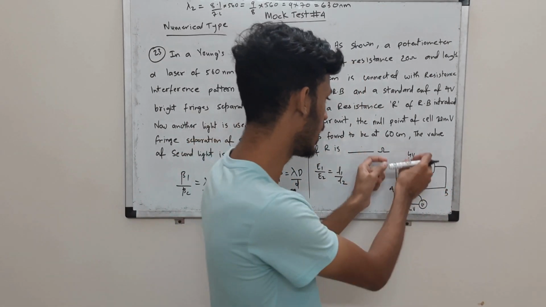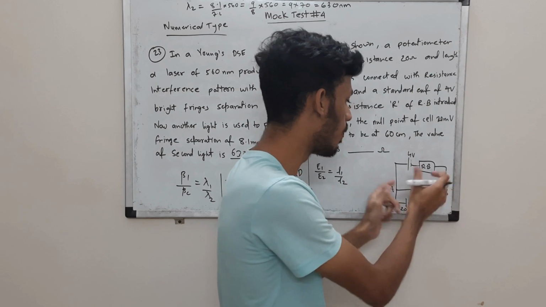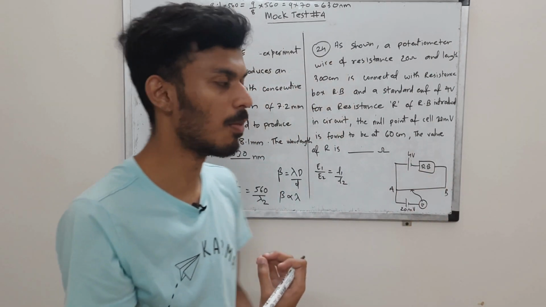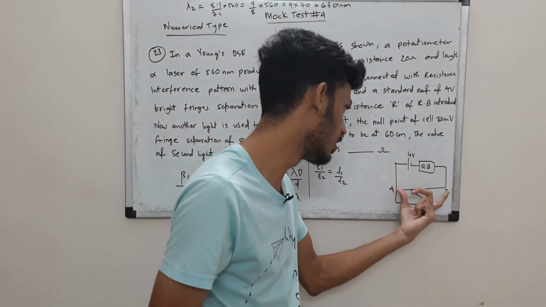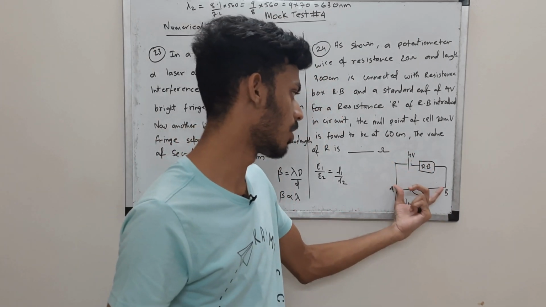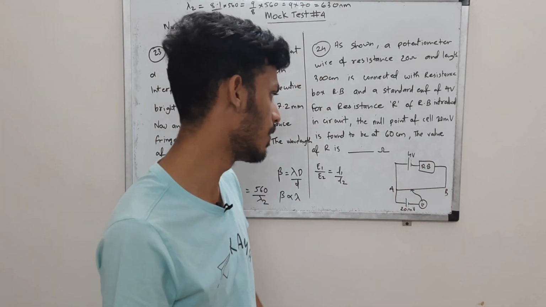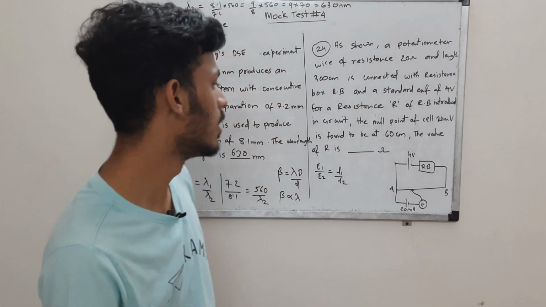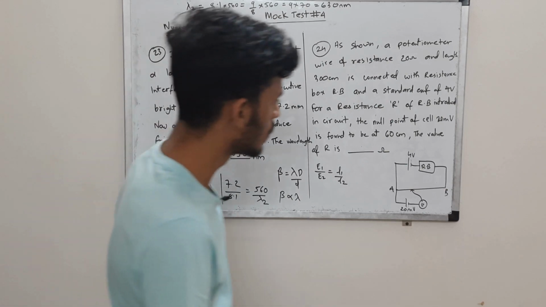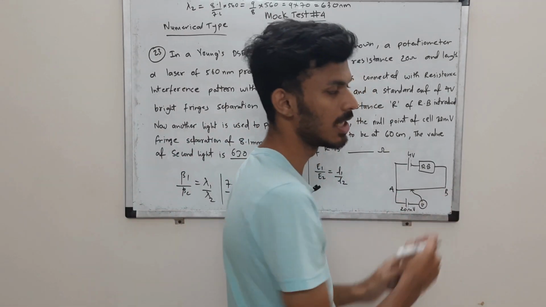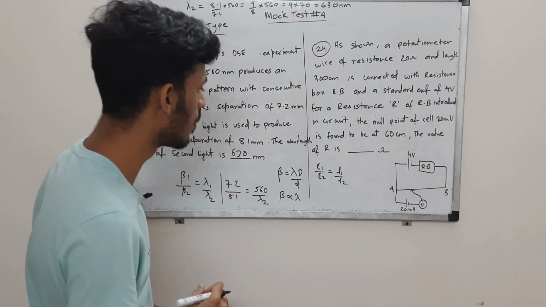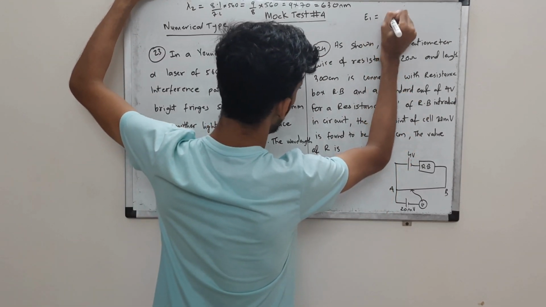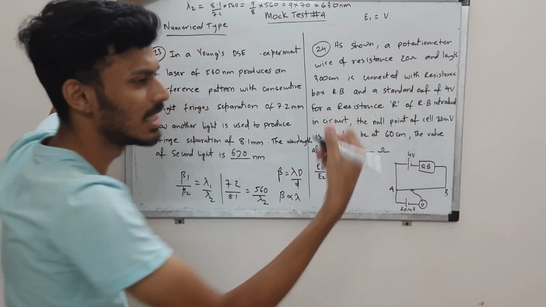The entire potential will not drop across the wire. Some will be lost in the form of heat in the resistance box, and here we'll have some potential drop across AB. So it is a split between them, not 50-50, but some kind of a split. So E1 is the potential drop across the wire. How will you find E1? E1 will be basically the total voltage, we are using the voltage divider rule.